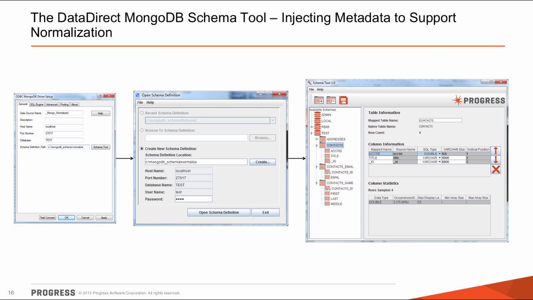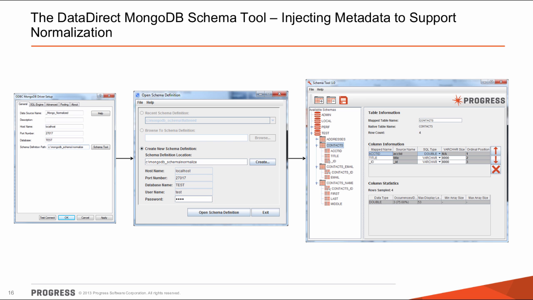And so here you see on the right-hand side an example, a screenshot of the MongoDB schema tool. On the left you've got, in this case, the standard ODBC data source definition dialogues. This is part of every ODBC driver.